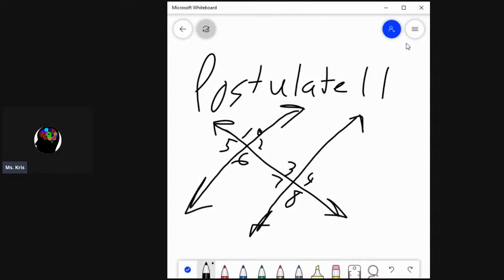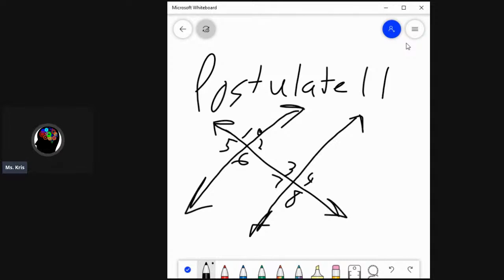Now, you also can prove in substitutions based on the fact that some angles are considered supplementary.